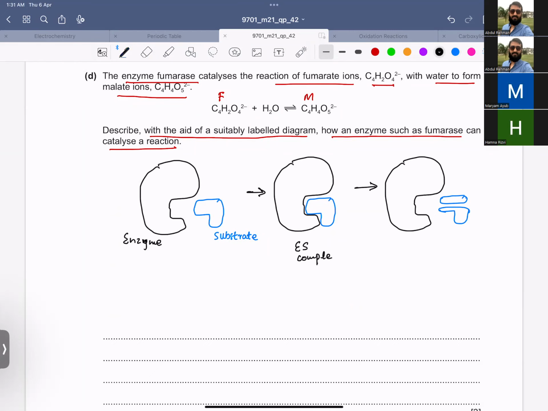So this is the enzyme, and these are products.